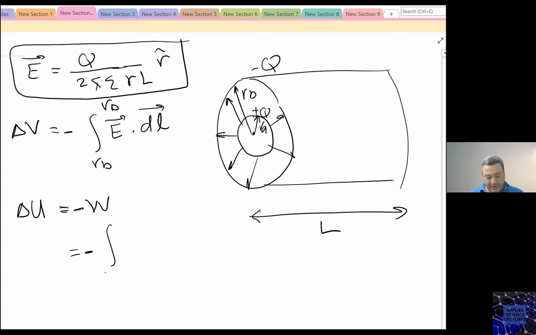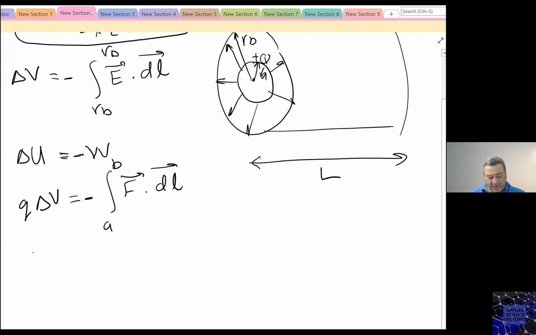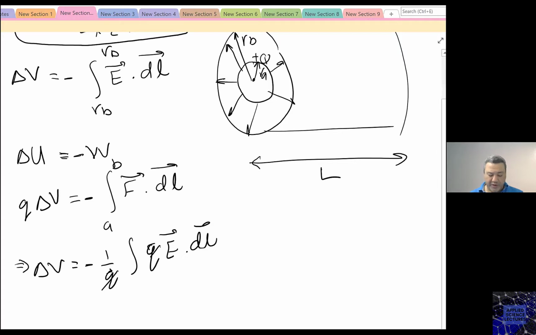So we integrate here from A to B for F dot dl, and we know that the potential energy difference is Q delta V. So when we divide by Q, we get delta V equals minus 1 over Q times the integral of F dot dl, and F is indeed QE. So we got rid of the Q and came up with this expression.